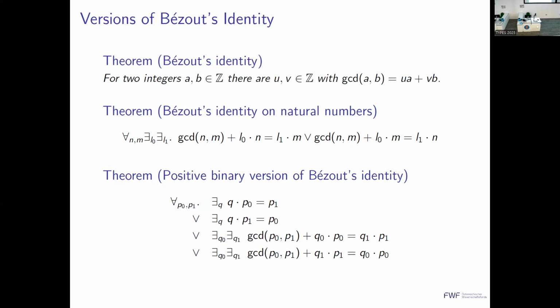And then you have that the other one is just a divisor of the greater one. Therefore, you have the 4 possibilities. As you see, for positive binary numbers the theorem looks quite different, quite more complex. However, the extracted term is simpler.